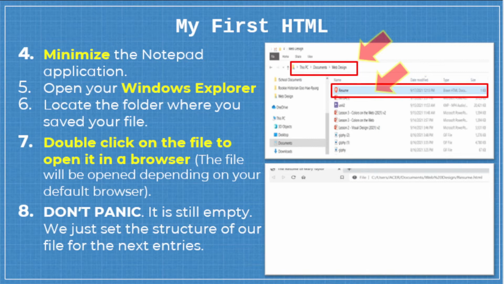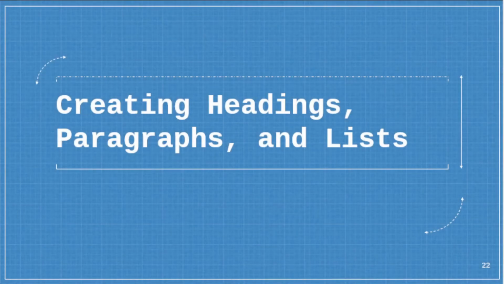At this point, guys, you will be crossing between Notepad and browser, Notepad and browser. That will be our pattern. So what we're going to do now is start encoding the contents. We will be creating headings, paragraphs, and lists for this lesson. So let's proceed.